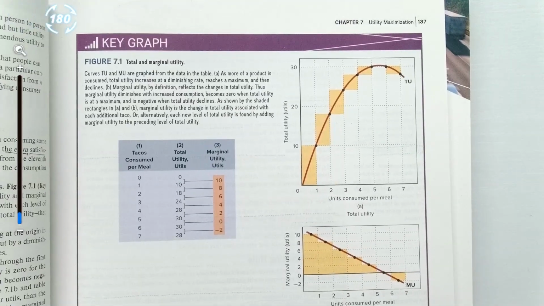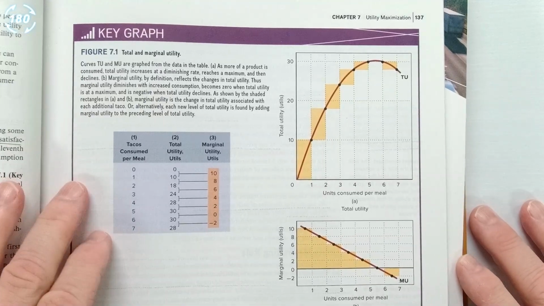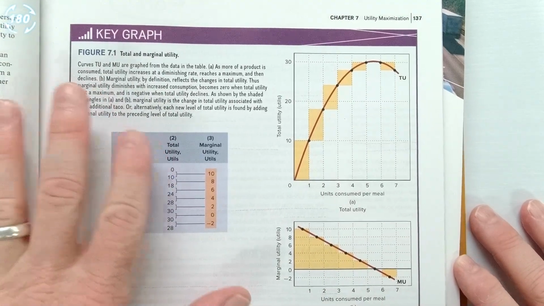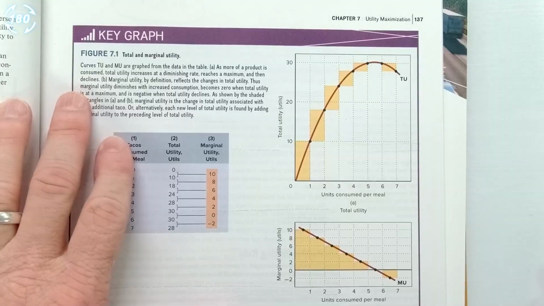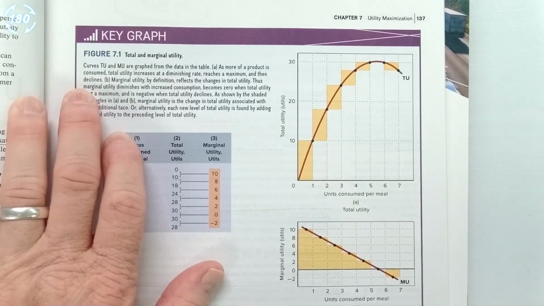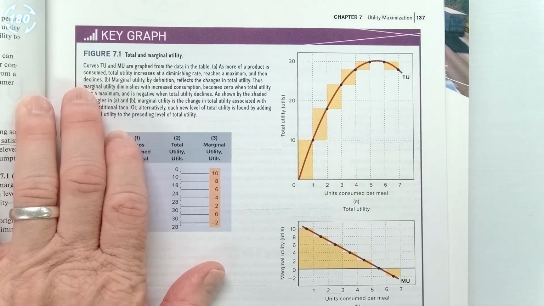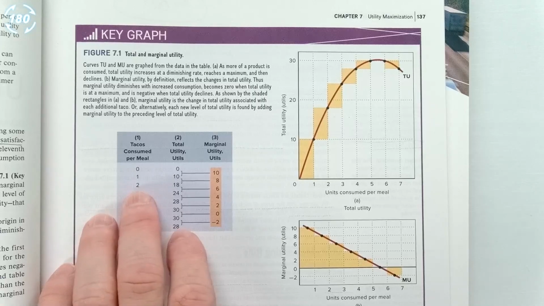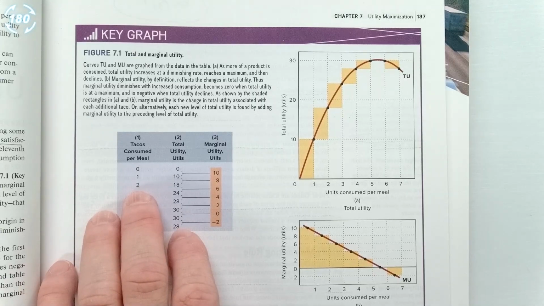Now, this is like the second law, okay? We're going to have like 3 laws. They're not Newton's 3 laws, they're microecon 3 laws, I guess. So we've talked about a law of increasing marginal cost.